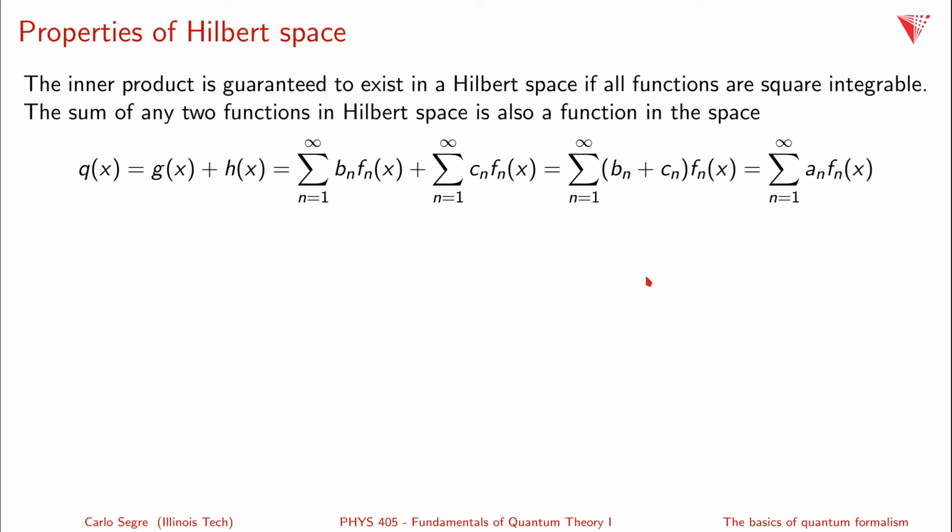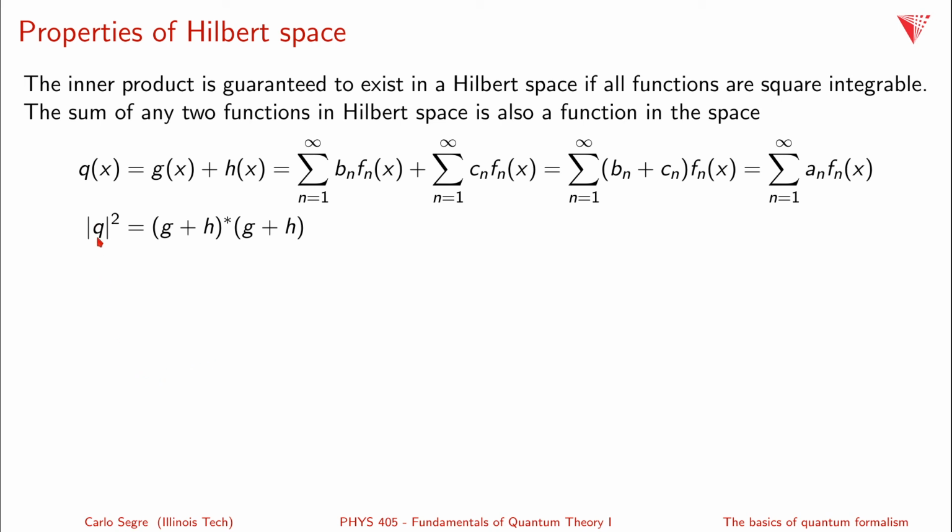We can write those as a sub n, so q of x is also made up of the same functions that span the space. That is, the sum from n equals 1 to infinity of a sub n f sub n of x. And therefore q is also a function in the space, if these two are functions of the space, because it can all be made up from the same functions that span the entire space in our complete set.